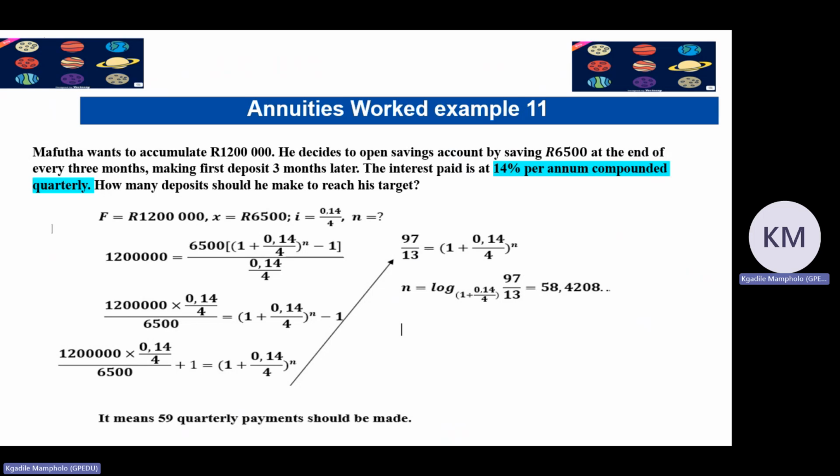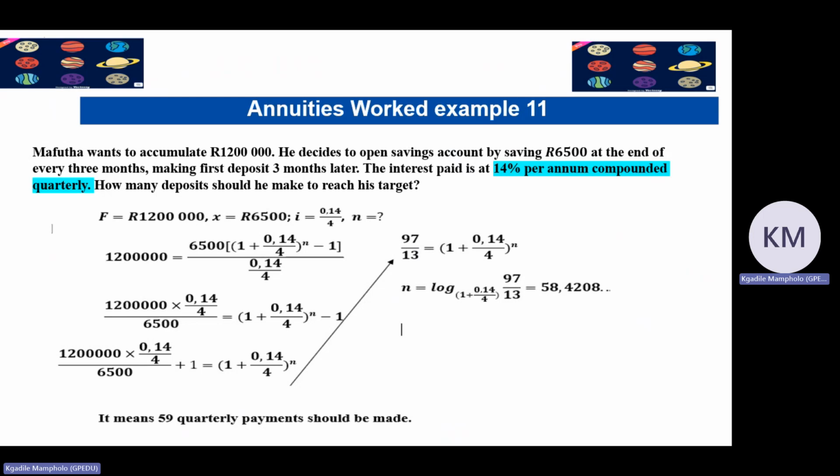Now, when I say 59 payments, it is because in financial measures, we don't necessarily round off. If we round it off and say n is 58, then Mafuta's investment will not reach his target.